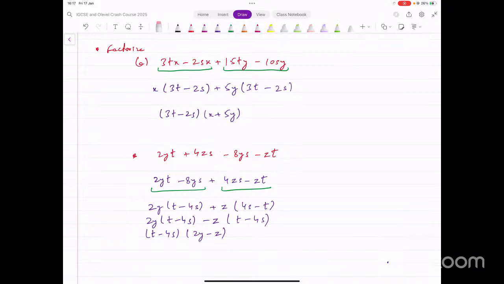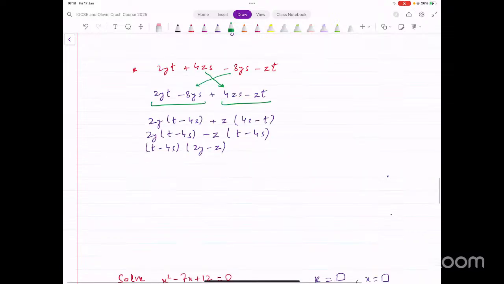In that case, you sometimes have to rearrange the terms. Right? In this example, for instance, we brought a minus 8y squared here, and we took 4z squared here. We rearranged the terms, and then after we were done with that, we could take something common from the first 2 terms, and we could take something common from the last 2 terms as well. Okay, so this is what we talked about in the last session.